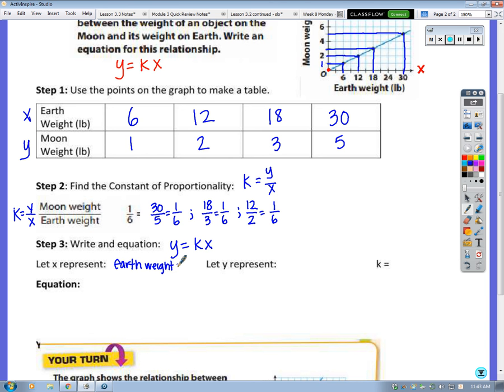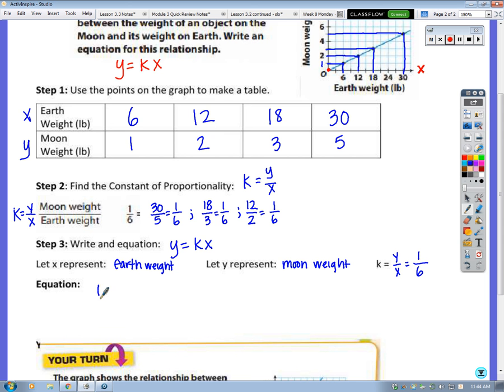And that was given to us, right? That was given to us on the graph here. And we're letting y represent our moon weight. And k is going to be y over x. And that is going to be y is 1 pound to every 6 Earth pounds. So k equals y over x, which equals 1 over 6.